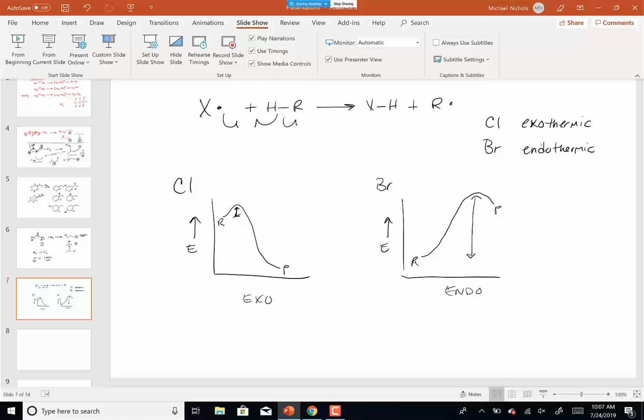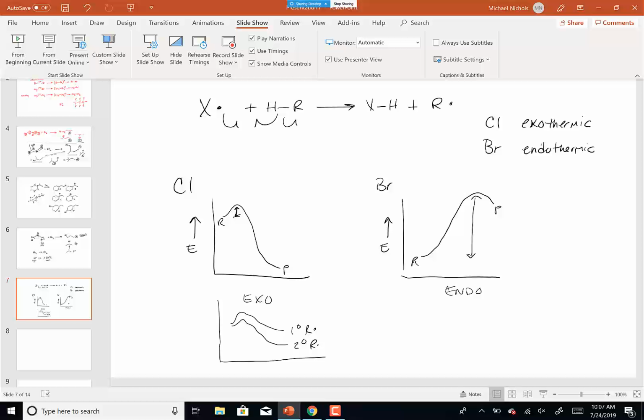Well, let's imagine that I have a choice for the chlorination between forming a primary radical and forming a secondary radical. Which one's going to form faster?